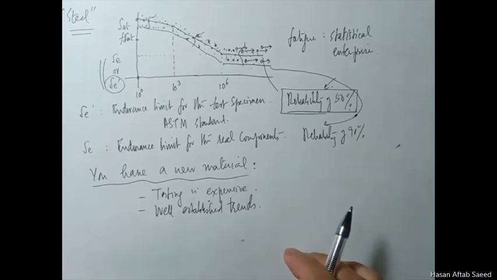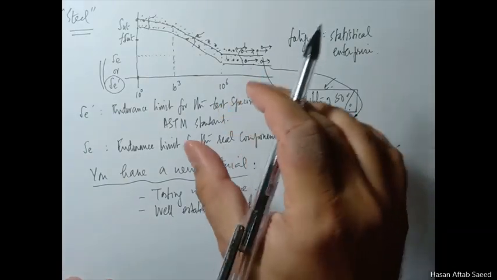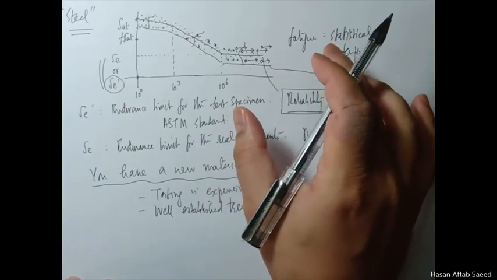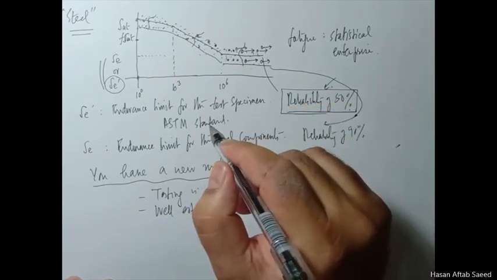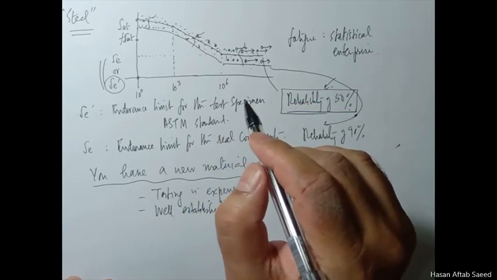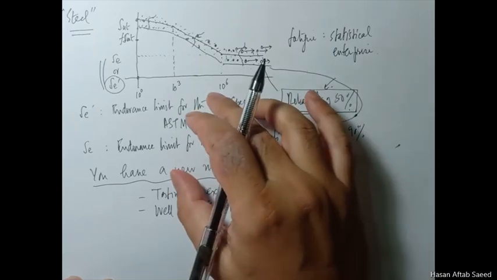We have compared the test results of different materials, meaning the rotating beam test, with, for example, the tensile test of the same material, and we have some very good approximations.